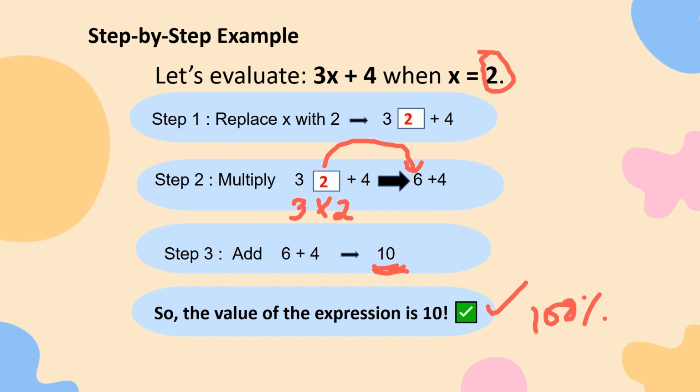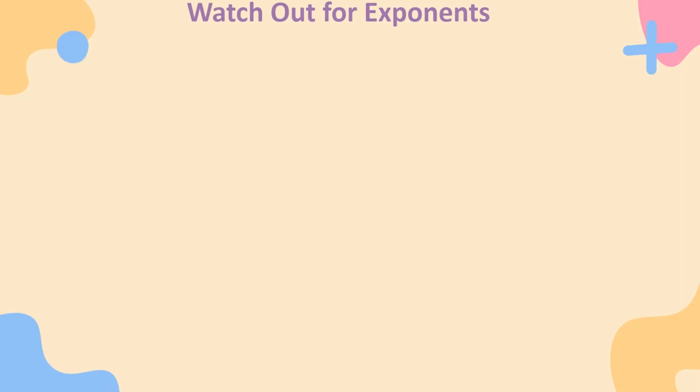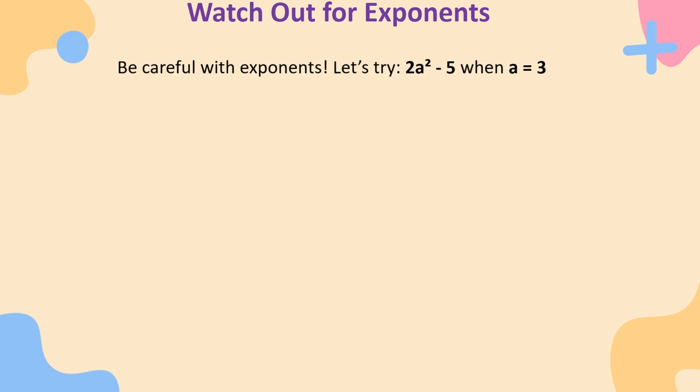So that's the step by step process on how we actually evaluate algebraic expressions. All right. Next. This time we have to watch out for exponents. It says here, be careful with exponents.